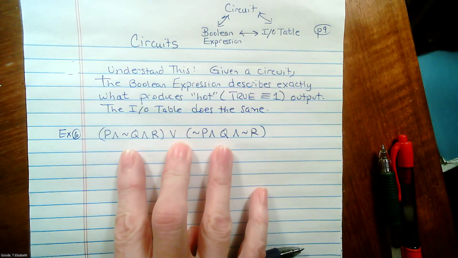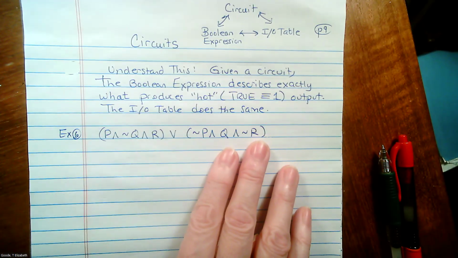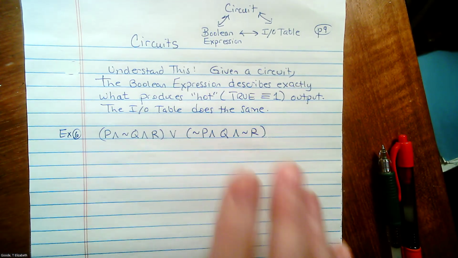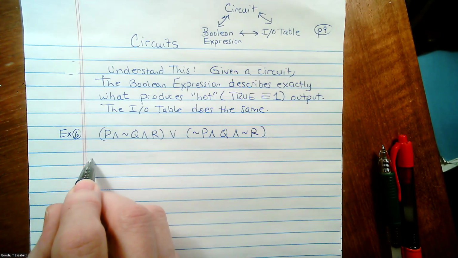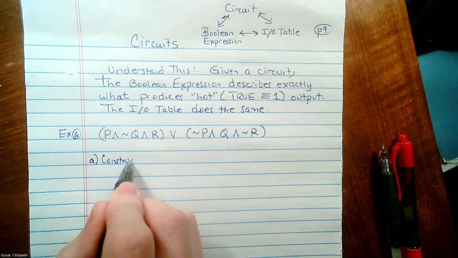This is a complete description of all the different input states that would produce a true output or a hot output. Think, juice would be flowing in the output wire. So we can construct the I/O table.